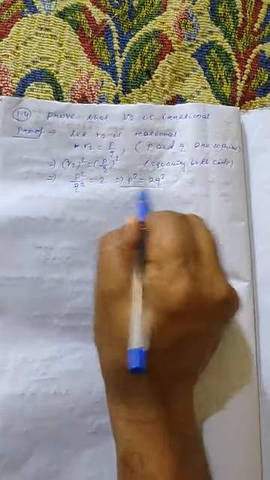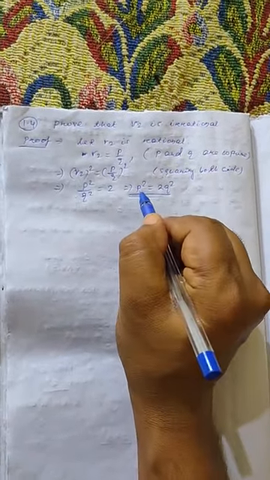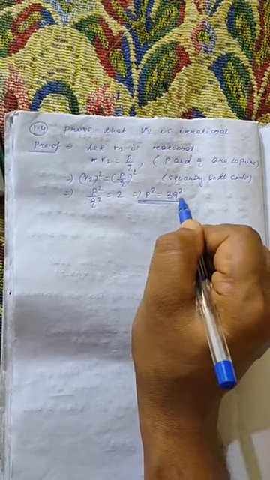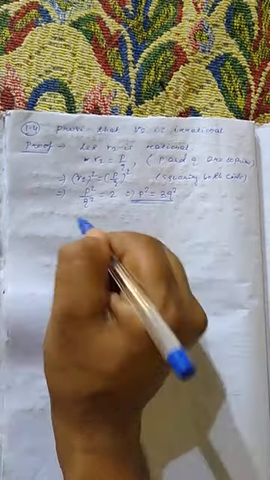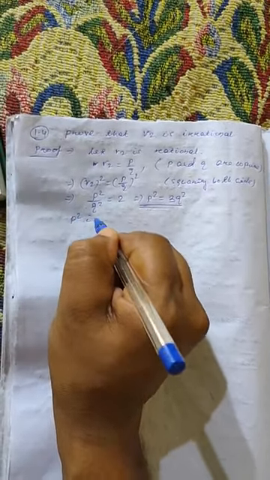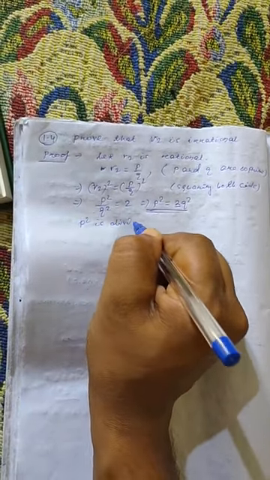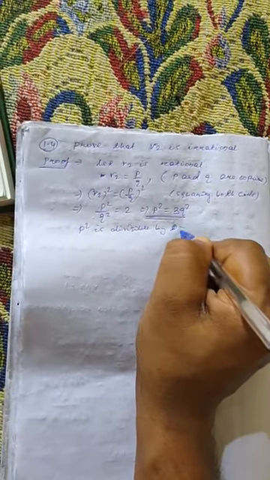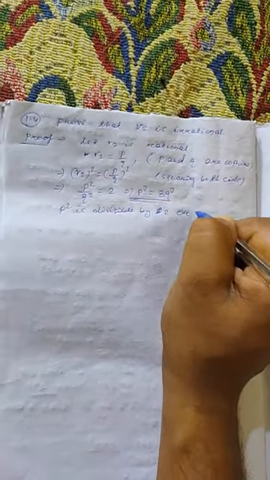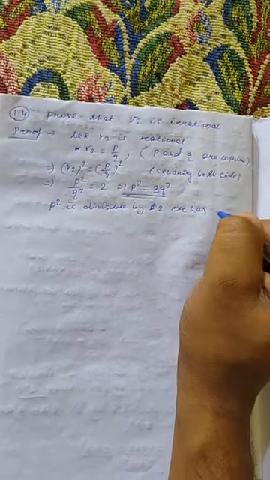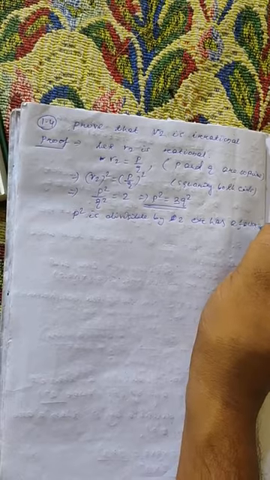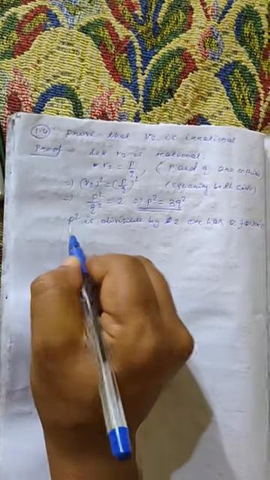Here p squared is equal to 2q squared. That means p squared has a factor 2, so p squared is divisible by 2.